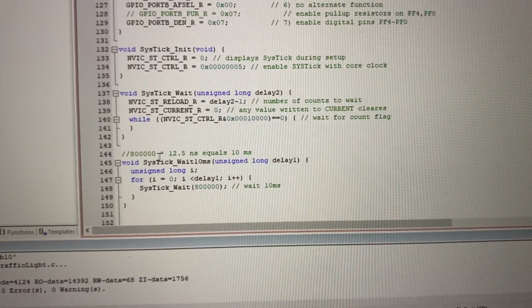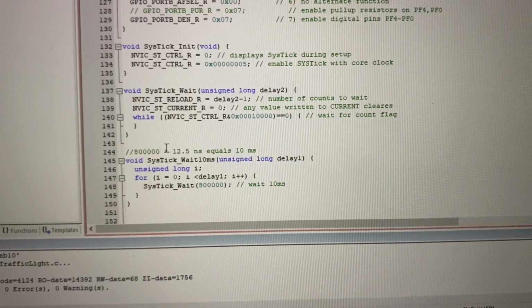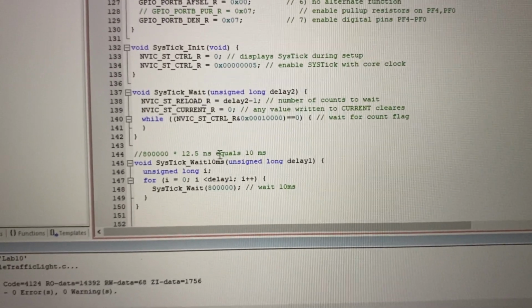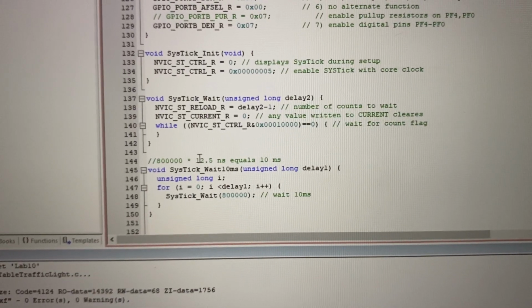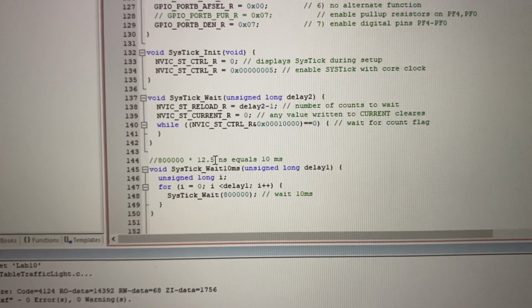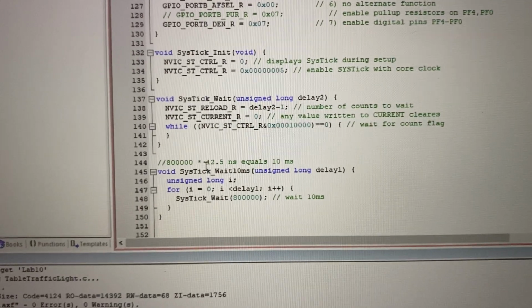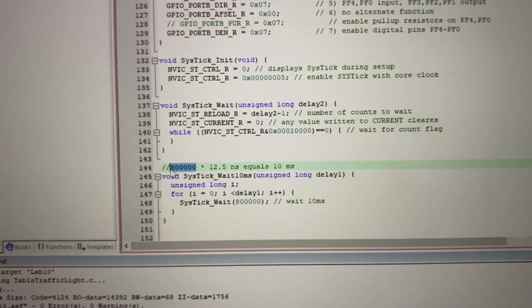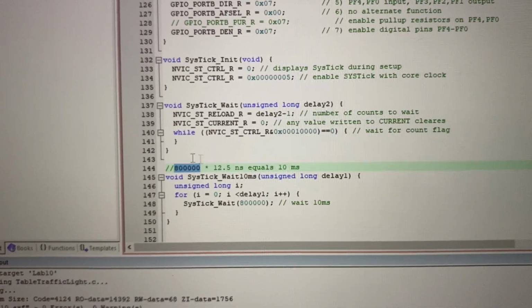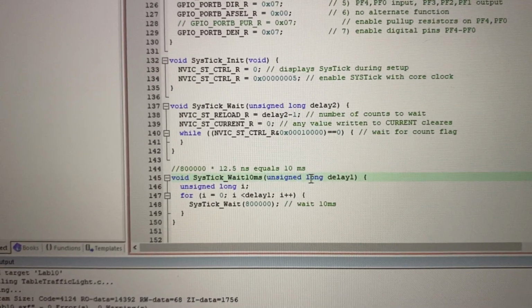Using calculations, since we wanted to get 10 milliseconds for a delay, I decided to multiply 12.5 nanoseconds with 800,000. This is the formula we would use to get the delay we want.